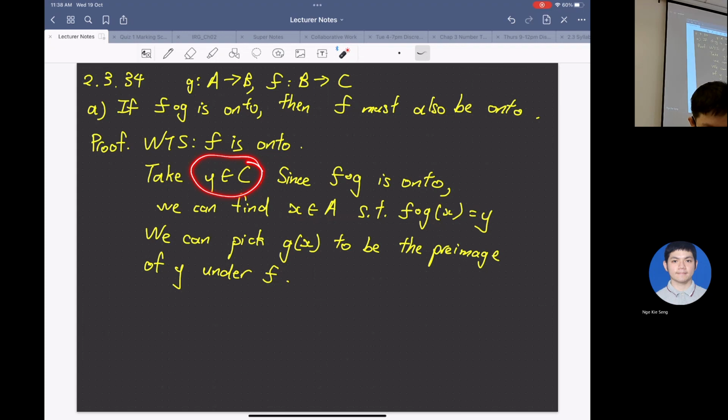So you take one element in C, but we know that the composite is onto. So we can go all the way back to A. We can find an element in A such that f(g(x)) equal to y. Note that g(x) is an element in B. So you just take g(x) to be the preimage of y under f. So you found a preimage in B.